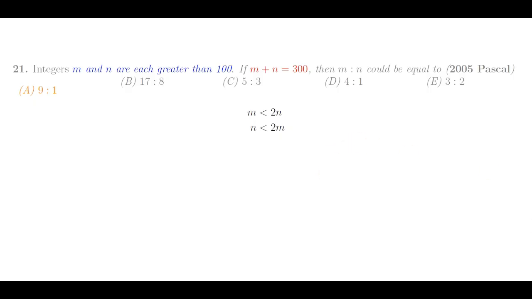So that gets thrown out. Similarly, 17 to 8. 17 is more than double 8. 4 is more than double 1. So as a result, I can throw out 3 of the 5 responses, and there's only 2 possibilities that we can check on. Now, how do we determine which of these to use?